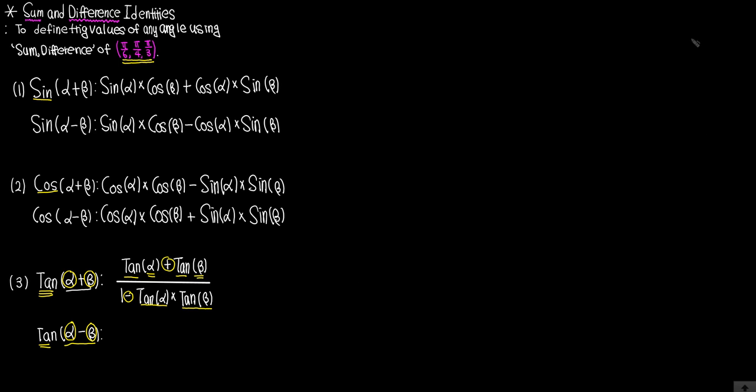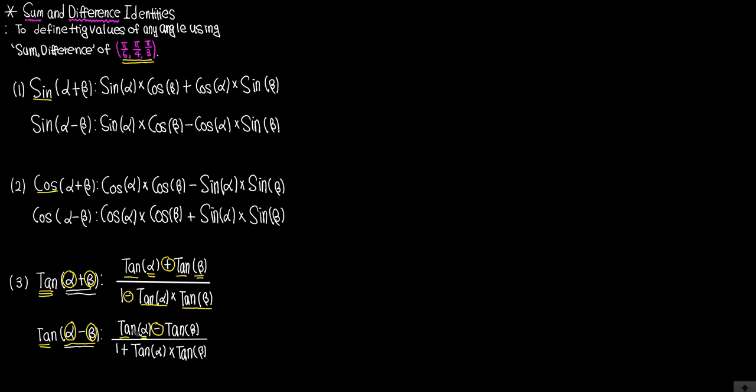So the tangent of alpha minus beta will also be written as a fraction, but with opposite signs. It will be the tangent of alpha minus the tangent of beta over 1 plus the tangent of alpha times the tangent of beta, which is exactly the same statement except the signs are different from the sum identity of tangent.